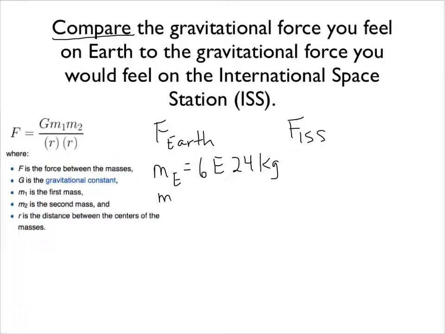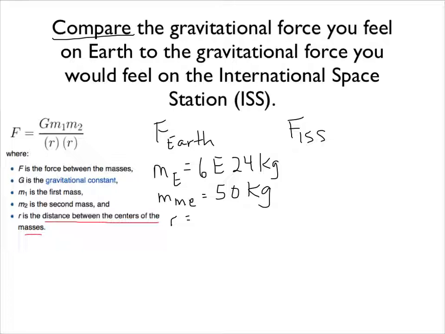The mass of me, we're going to leave that at 50 kilograms. Now, the r in this value, if we go back and we look at this, it is the distance between the centers of the masses. Now, this is an important thing to think about, because we're not looking at the distance between the two masses.